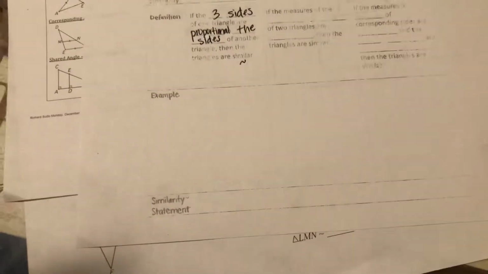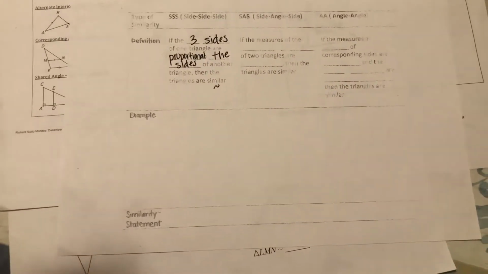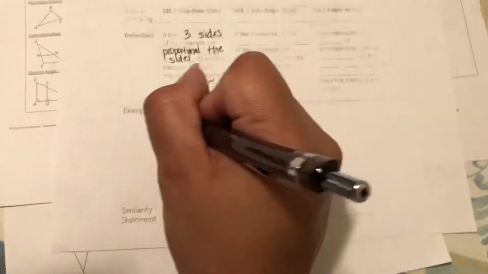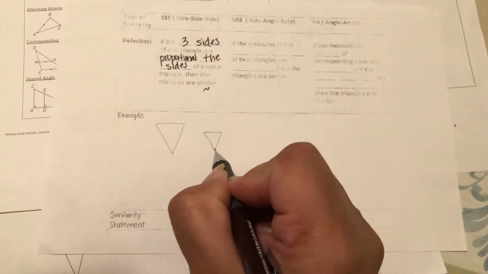Okay, so let's go ahead and do an example for side, side, side. Some of you guys have the example that I did with some of the periods here. I have another example that maybe is going to be either a little bit more clear or just add to your knowledge, okay? So the first thing that I'm going to do is draw 2 triangles, and you're going to notice that my triangles are not going to be the same size.